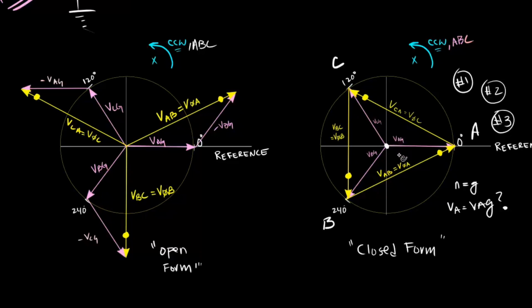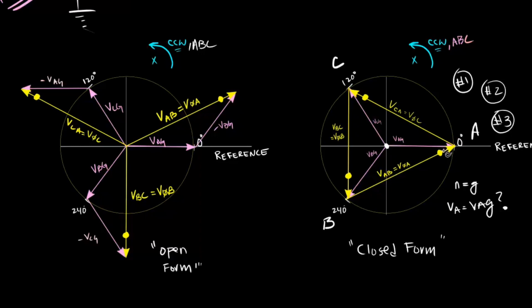It appears that the voltage drop is, for VAB, for example, this voltage drop should be from B to A, because the arrow is pointing in this direction. So this voltage drop is from B to A, but what we've written down is VAB.